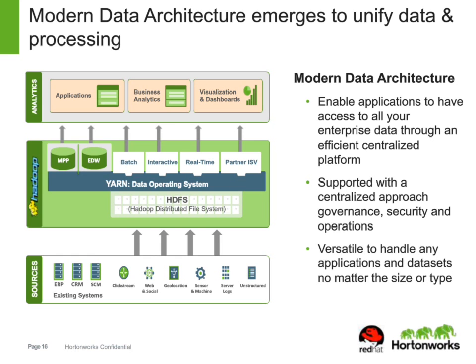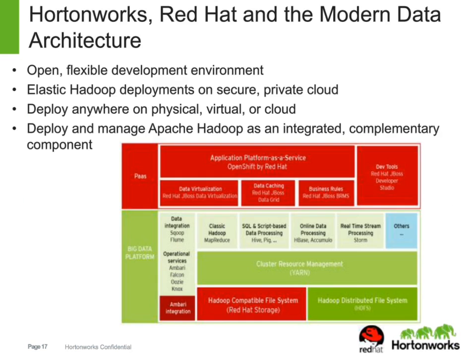So if you look at Hadoop and the Hortonworks Data Platform, which is Apache Hadoop tightly coupled so enterprises can easily deploy it within their data center, and you look at what Red Hat has to bring to the table, there's a very deep synergy between the two companies, between Hortonworks and Red Hat, and between the two offerings.